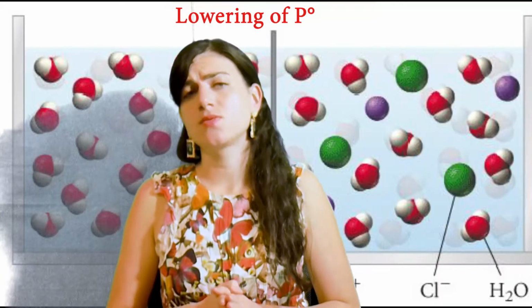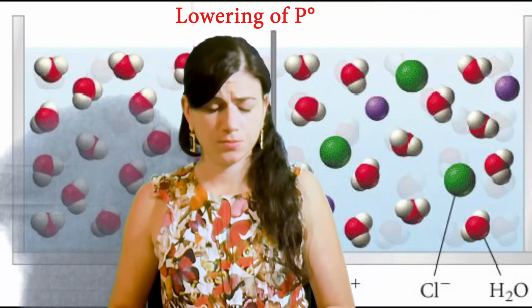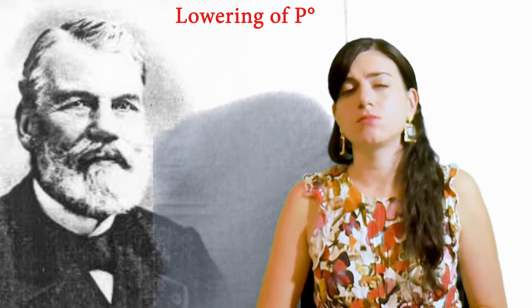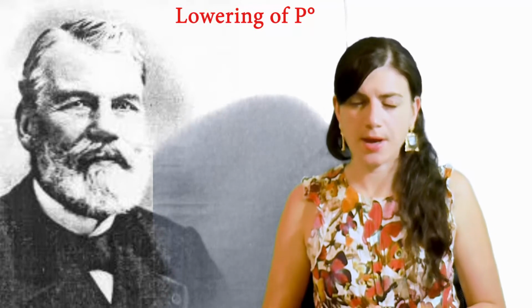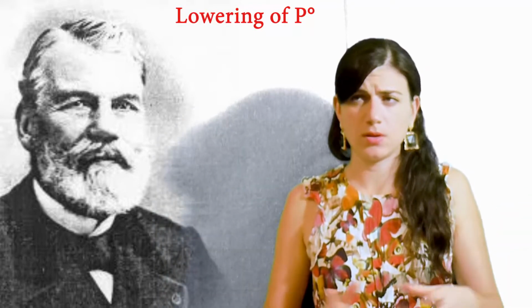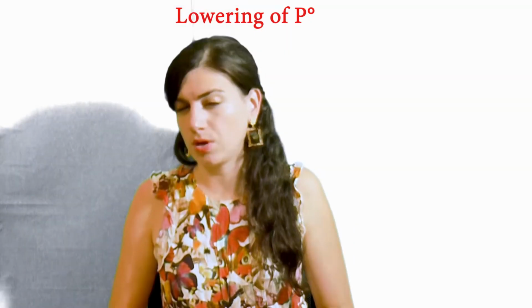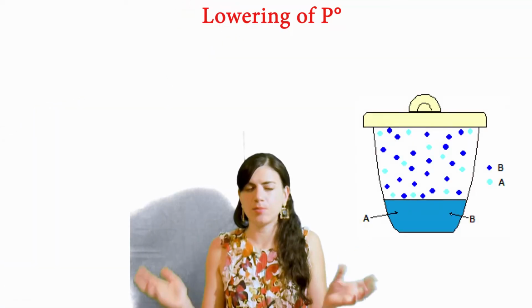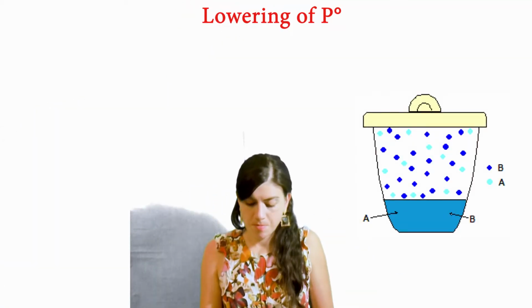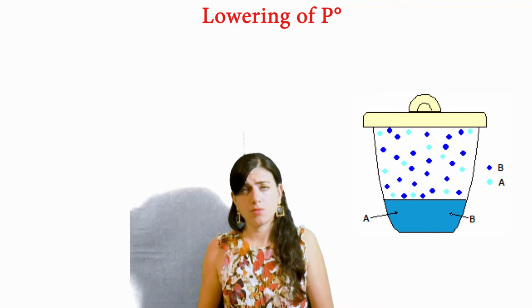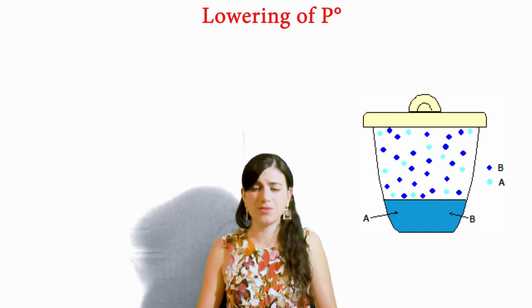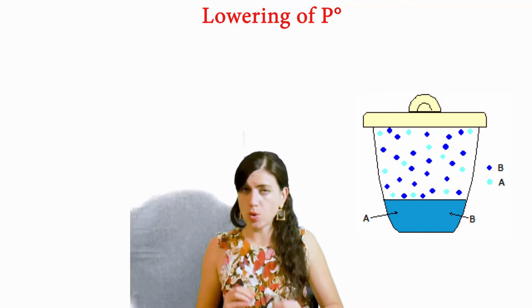The guy who studied this phenomenon was Raoult. Raoult was studying mixtures of liquids, okay? One day he found out that if you have two miscible liquids, let's say A and B, mixed together, the total vapor pressure of these two liquids will be given by the following equation.